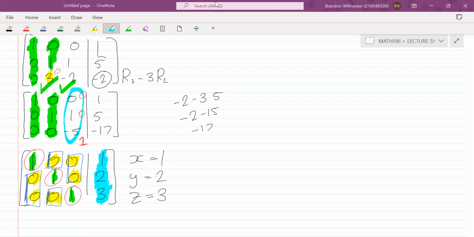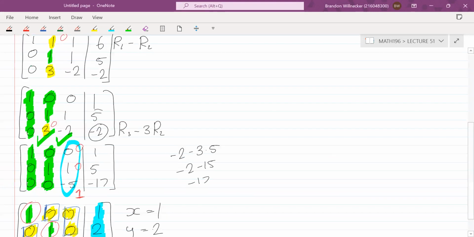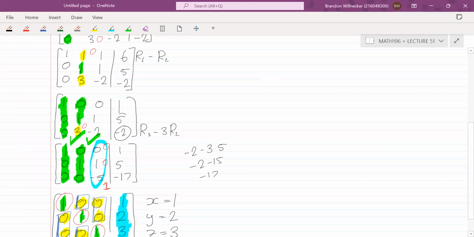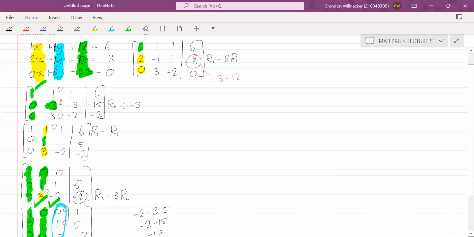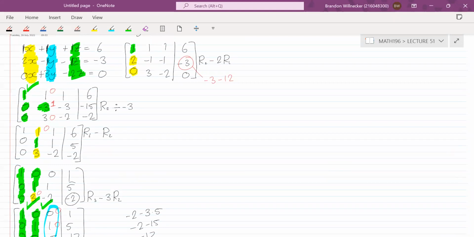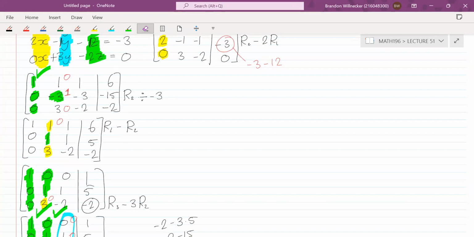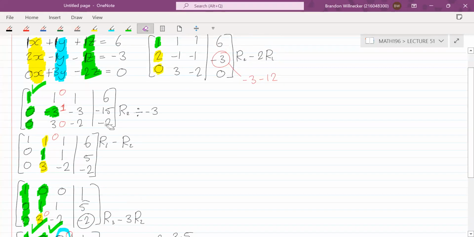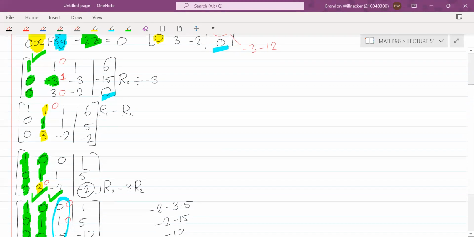Okay, someone's asking, how did we get 3 from 17? Let's just check that. Might have made a mistake here. 3 minus 2, 0. Oh, sorry, that's supposed to be, thank you for spotting that. This is supposed to be a 0. Okay, because we've got a 0 here, so that's a 0 there.